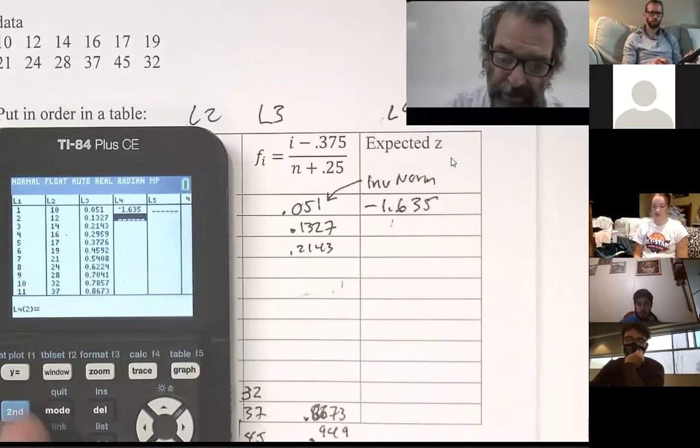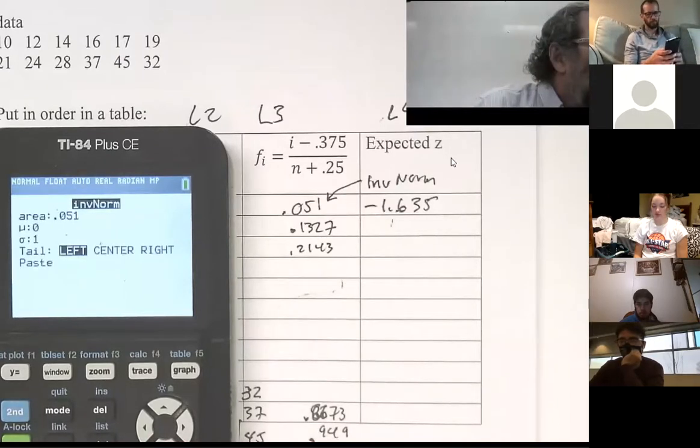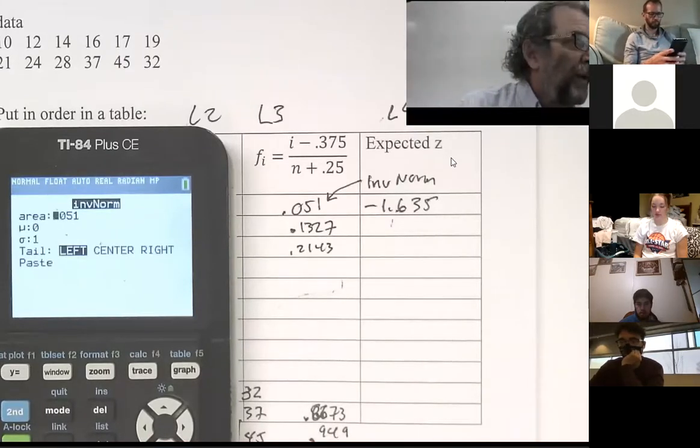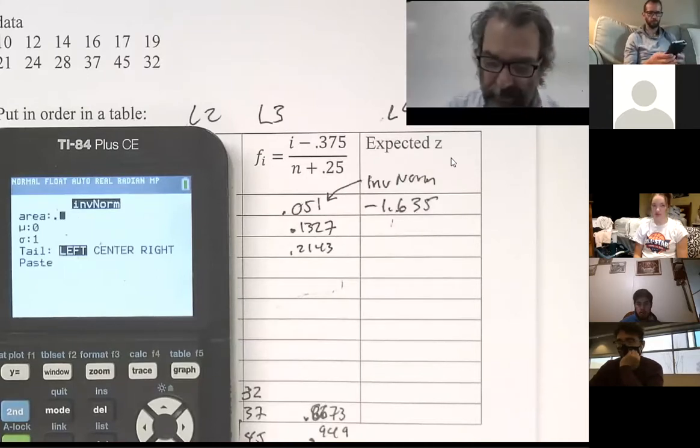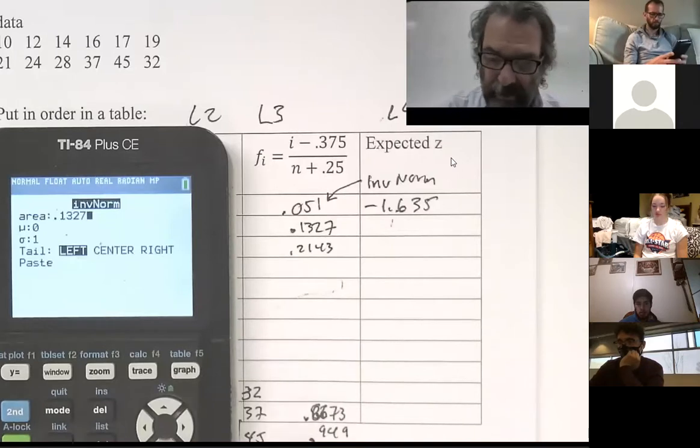I go second distribution, inverse normal. Now I'm going to type in 0.1327, down, down, down, down, enter, enter.